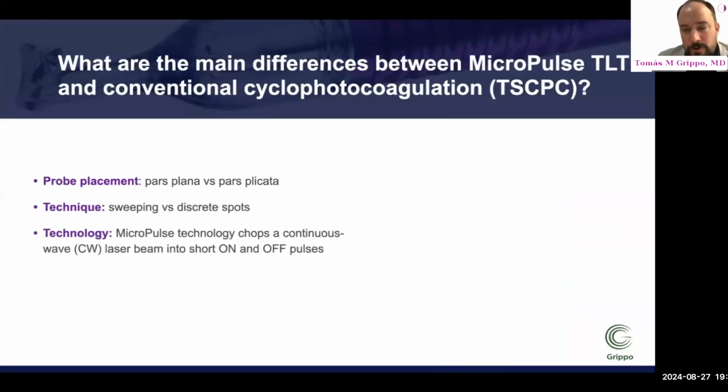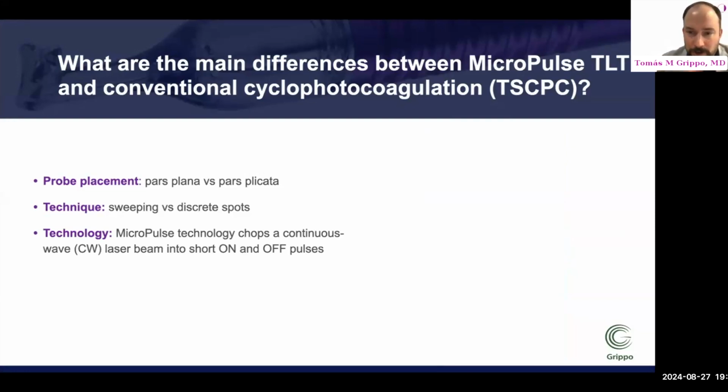Then the most important one, the one that actually made the difference, is that the MicroPulse technology chops a continuous wave laser beam, because both are diode lasers. With the MicroPulse technology, the laser beam is chopped into short on pulses and off pulses.